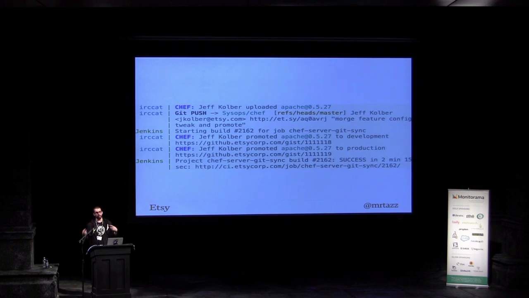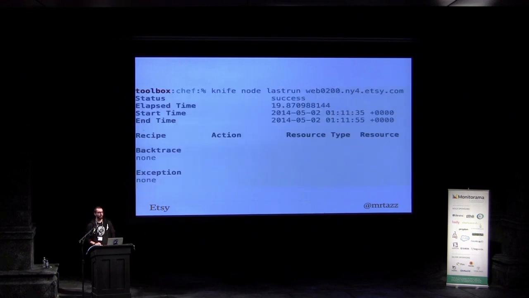Because in the Chef world, if you have your stuff in Git and you push to the Chef server, there could be this disconnect where the Chef server has one view of the world, whereas Git has the other view. And we also are very meticulous about converging nodes. So as you can see here, this is the example output of a Chef run on a web node.